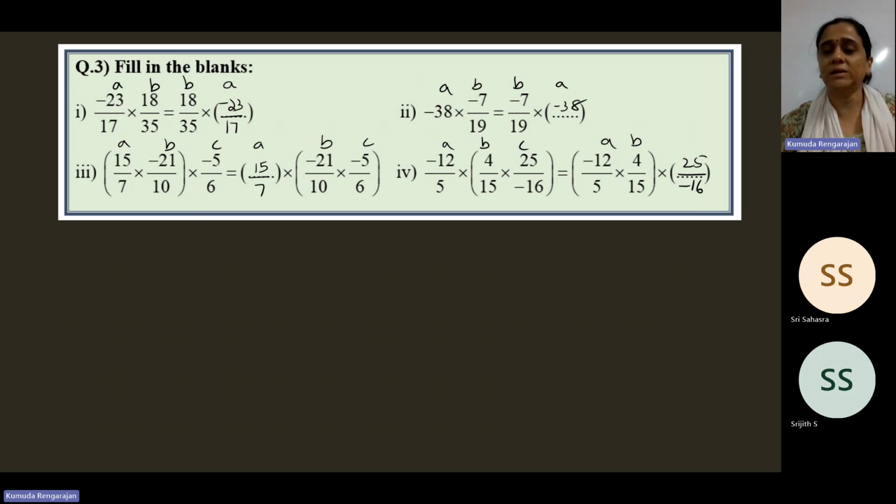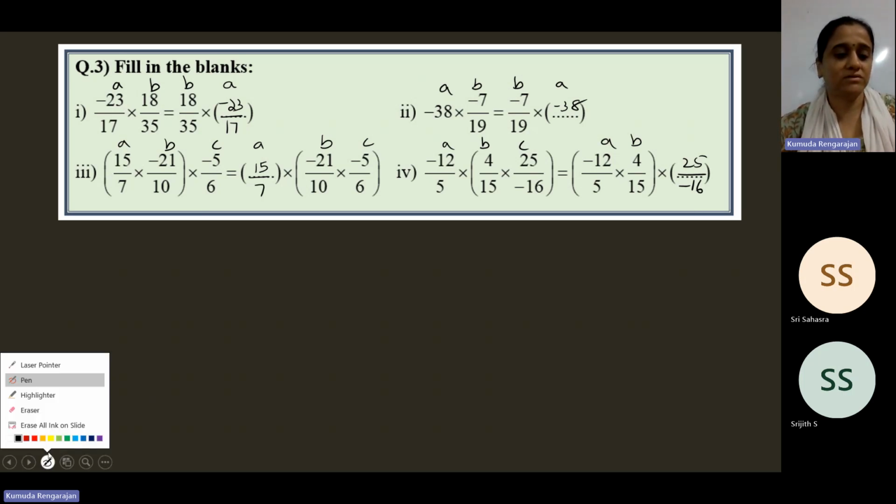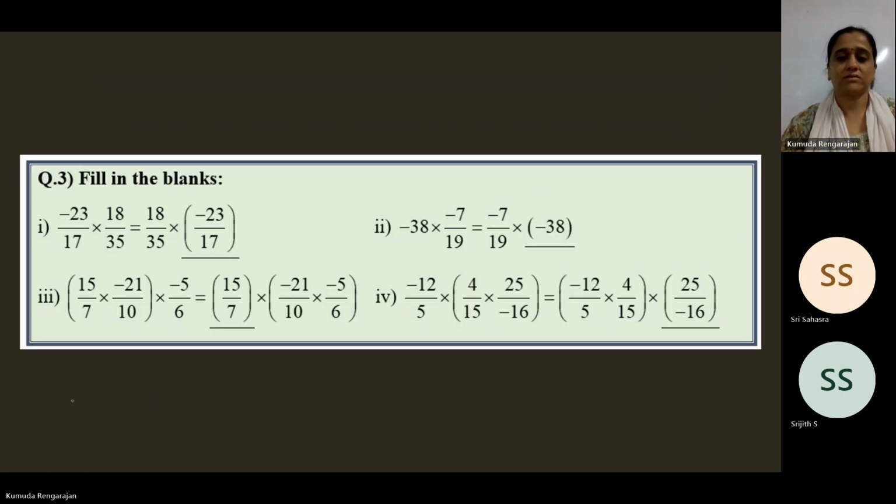We'll come to that. We finished commutative for addition and multiplication. Now this is associative. And about the answer, very good.